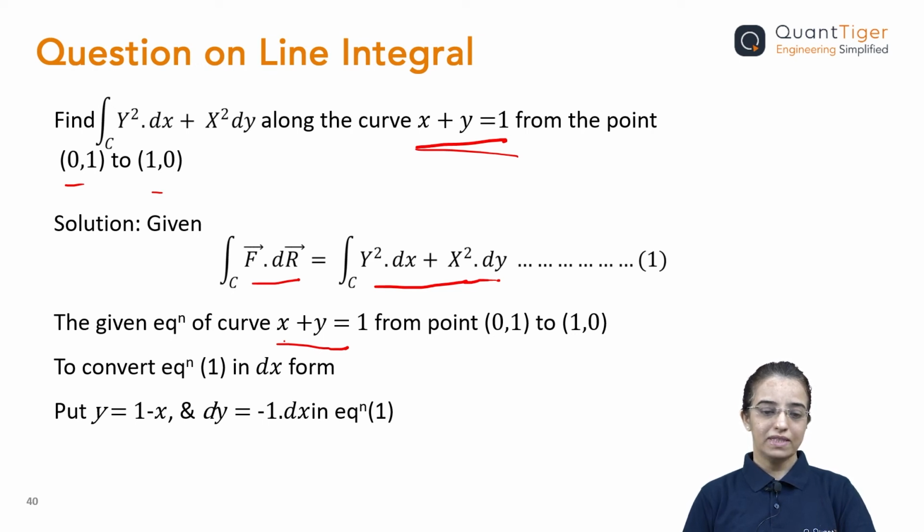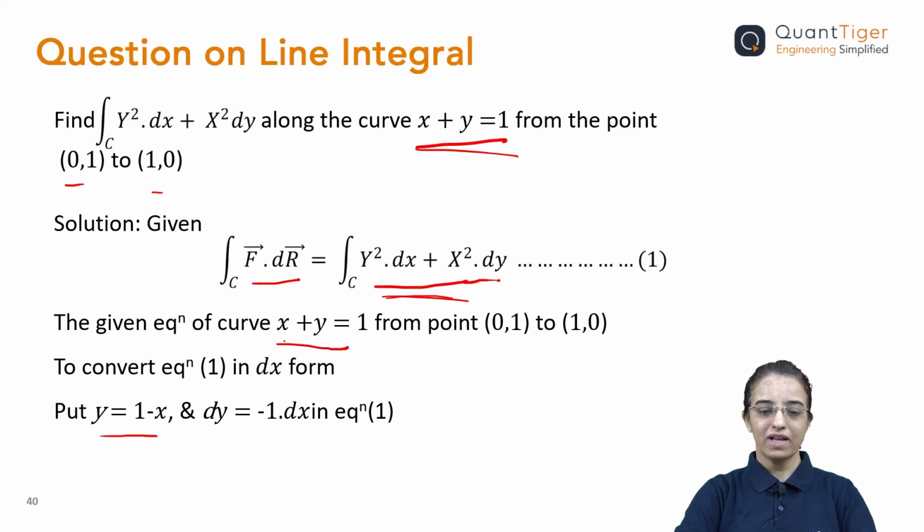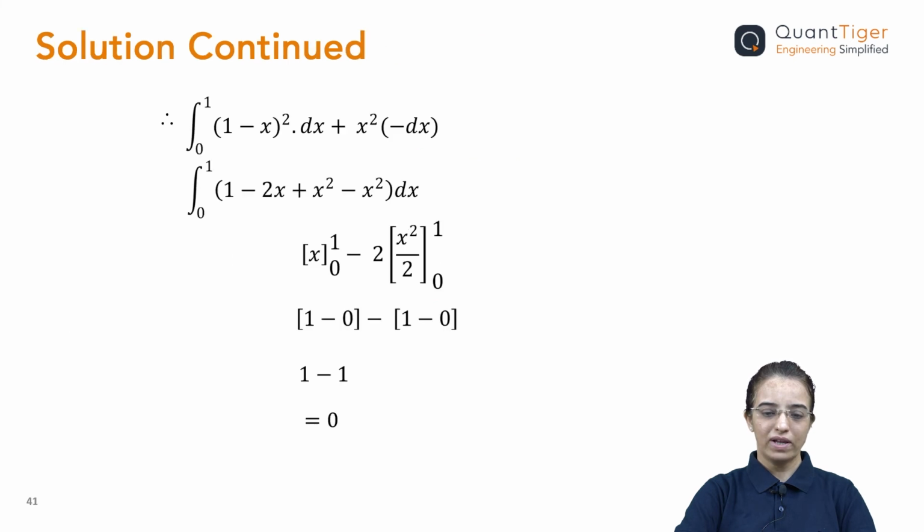Now in equation 1, by using the equation of the curve, we will substitute y and dy. Basically, we will convert everything in terms of x, and y will not remain there. Wherever there was y, I have put 1 minus x, and in place of dy I have put minus 1.